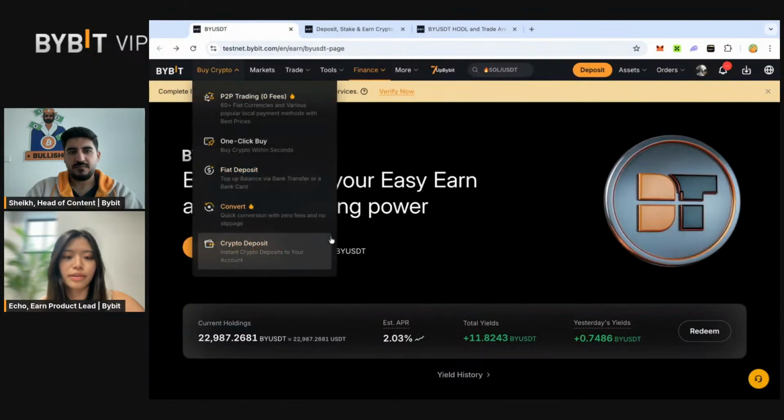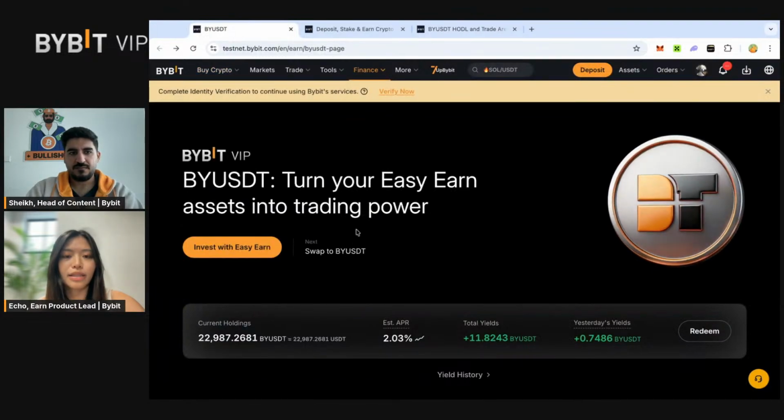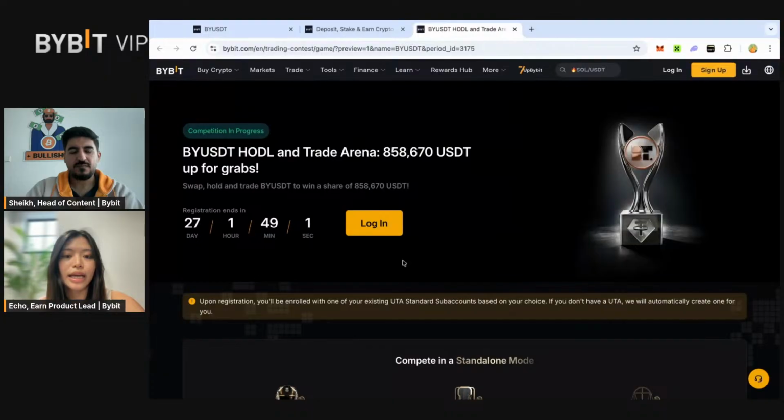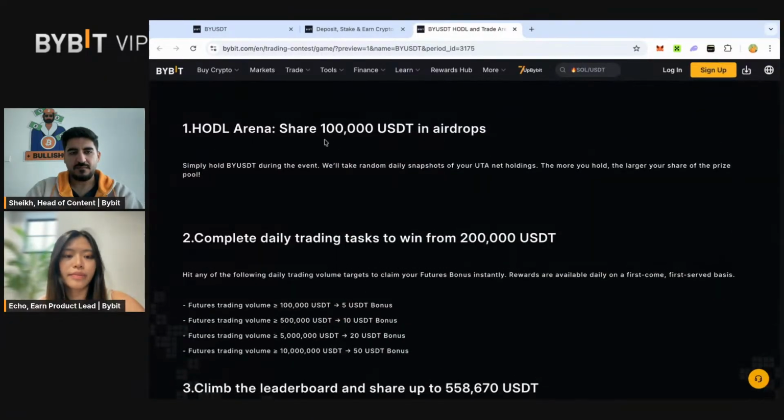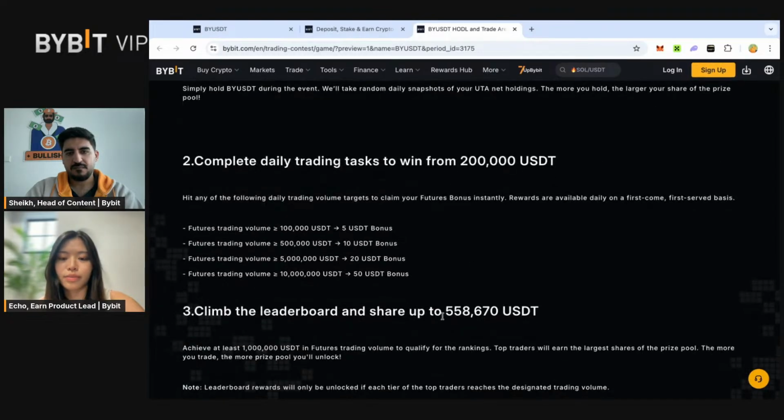You simply hold at least 10K of BYUSDT and you're involved in this campaign. Whoever swaps and holds BYUSDT during the period can share the 100K prize pool. And if you want to do trading and complete a task, you can win up to, how much is this?